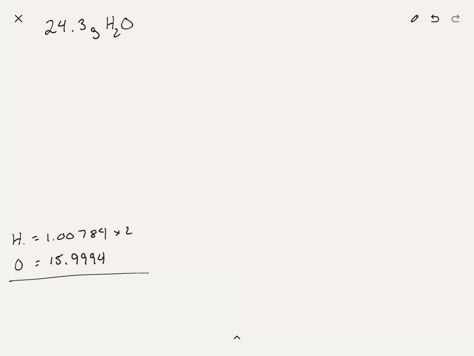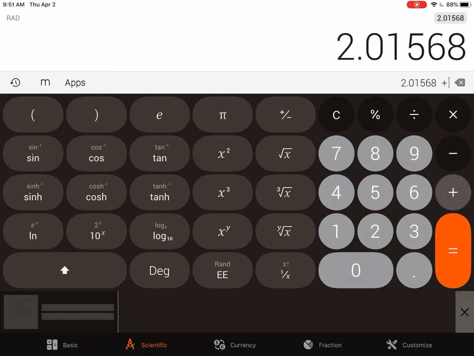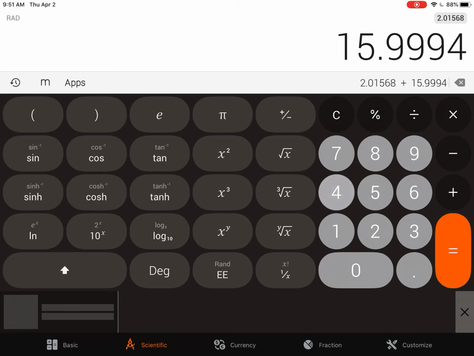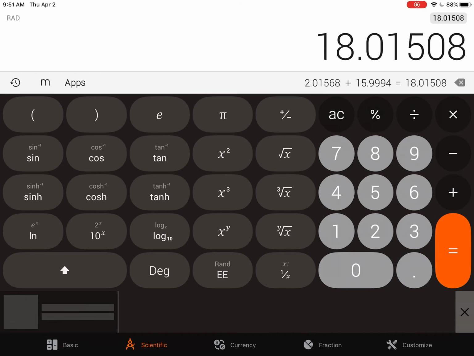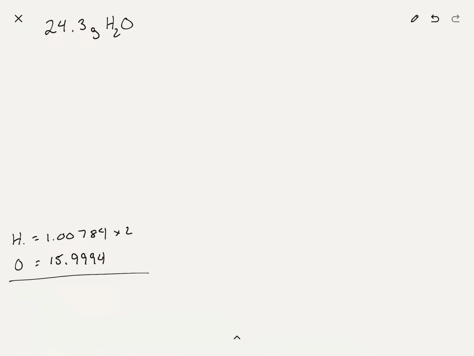Multiply this by 2. And I know we've done this calculation before, but we'll do it again. 1.00784 times 2 plus 15.9994. Is this 18.01508? Now we'll just go ahead and use that whole number. We're not going to round anything off until the end.